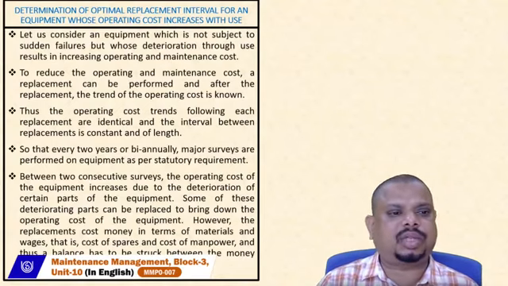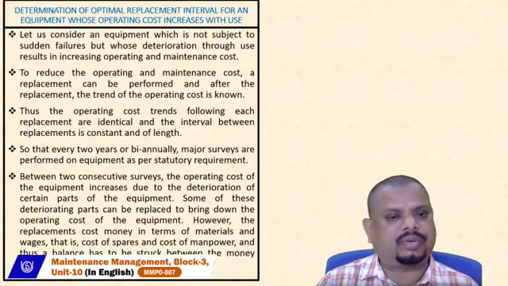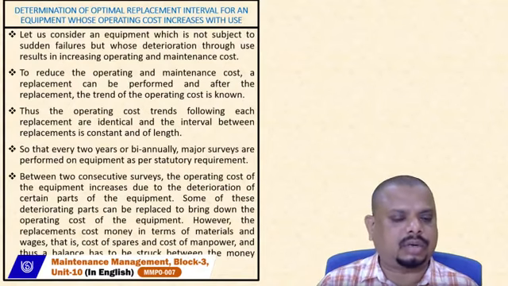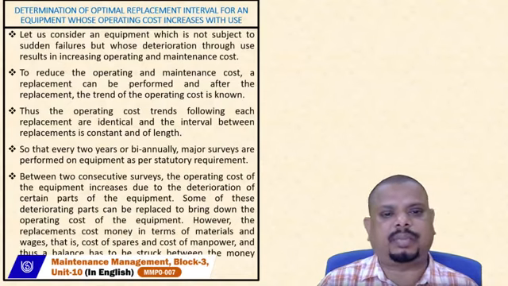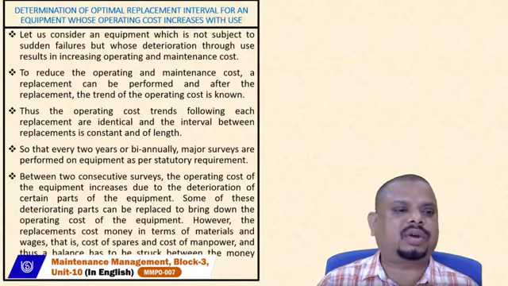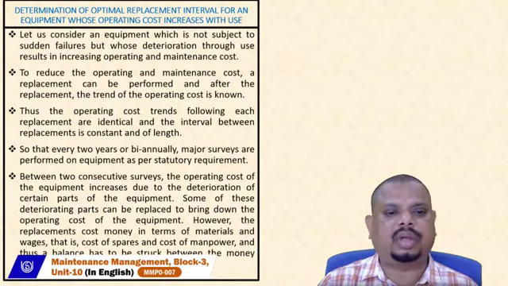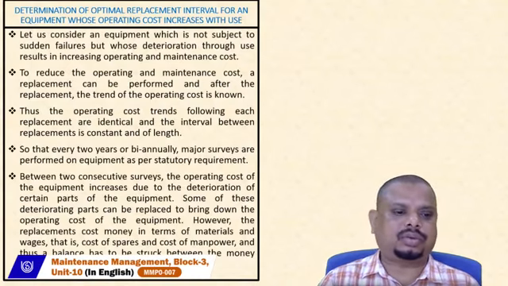During the initial use, there is no chance of failure, but as the operating hours go up to thousands of hours, the maintenance cost increases. To reduce the operating and maintenance cost, replacement can be performed, and the trend of operating cost is known.